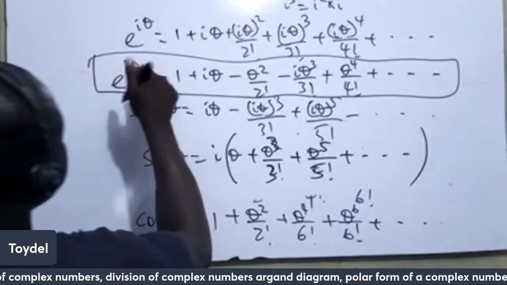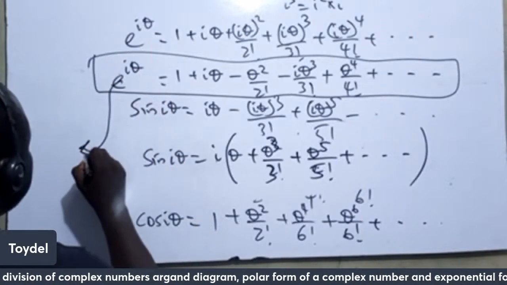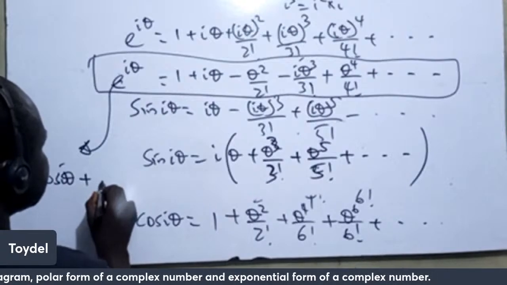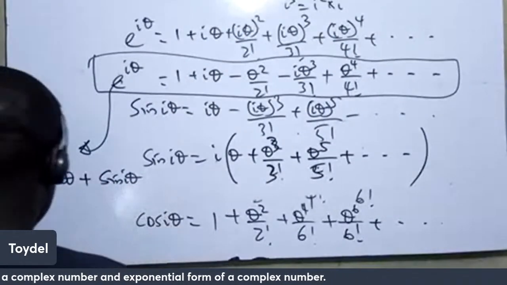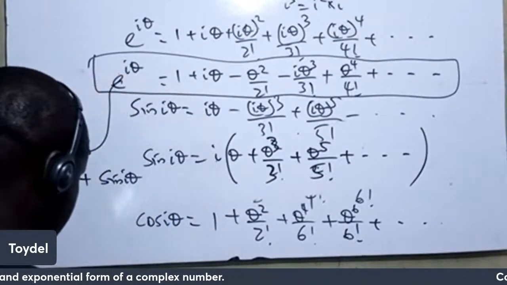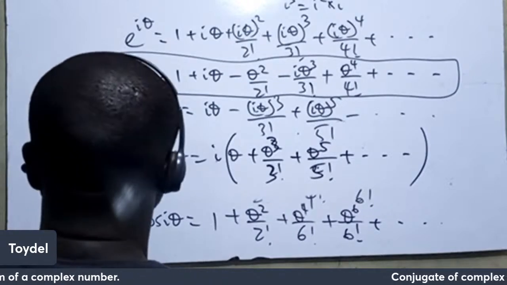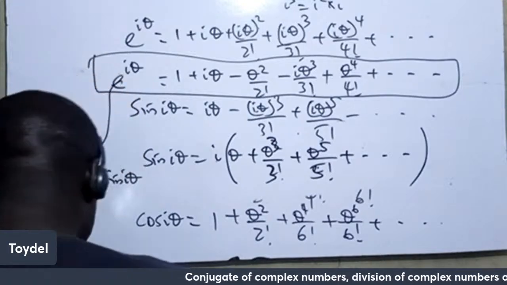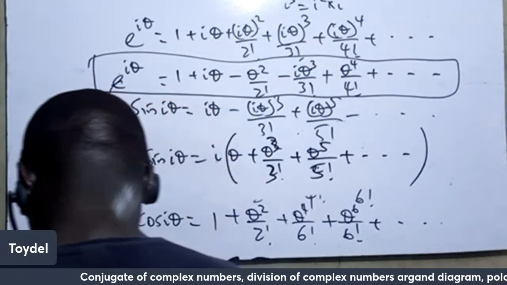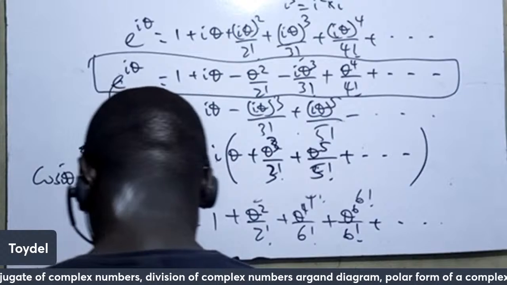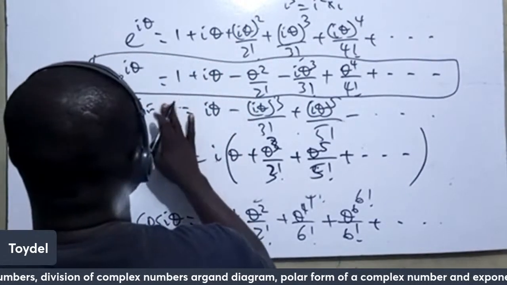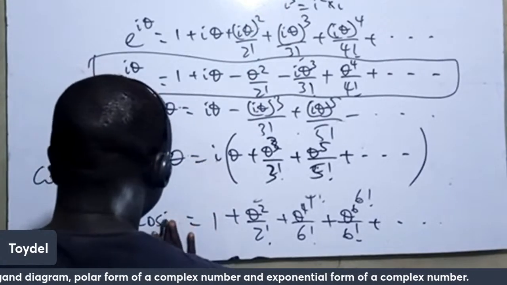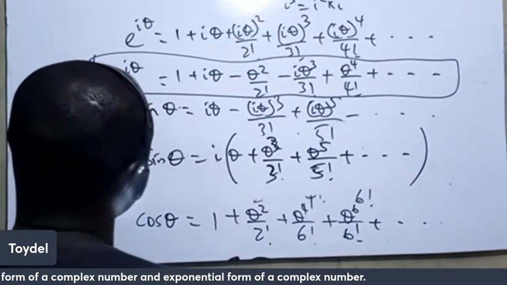Look at exponential i theta, it can be equal to cos theta plus sine theta. So here will be sine theta, so sine theta will give me this, then cos theta will give me this.